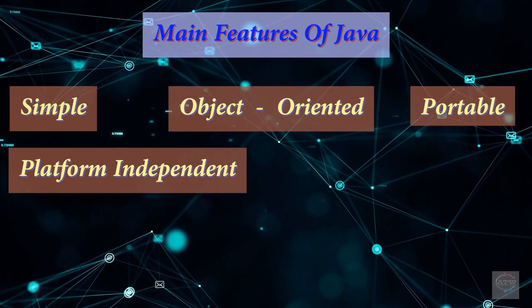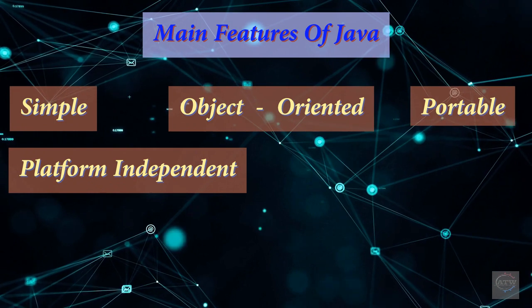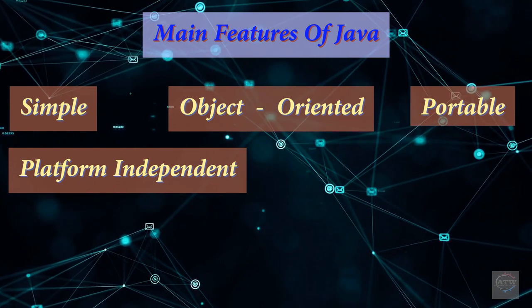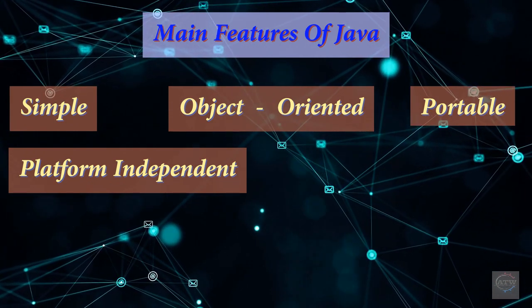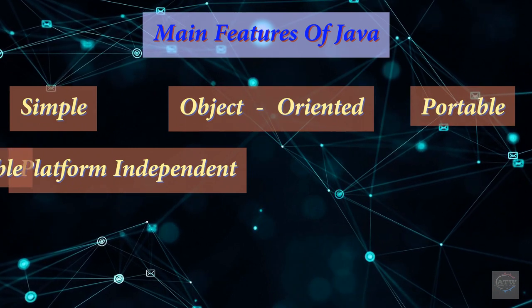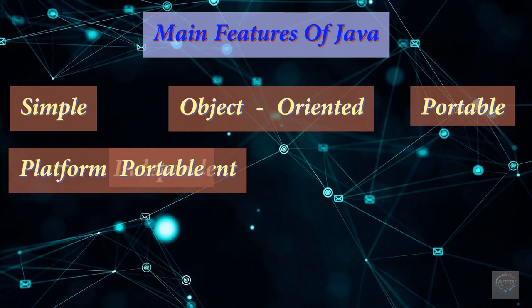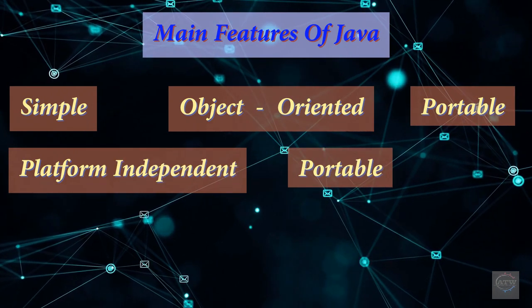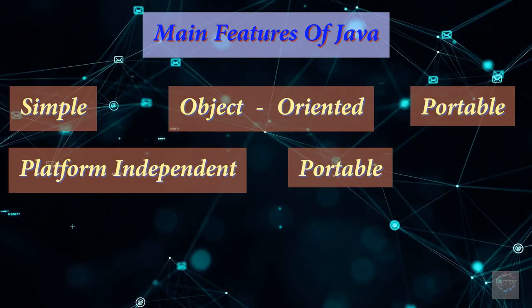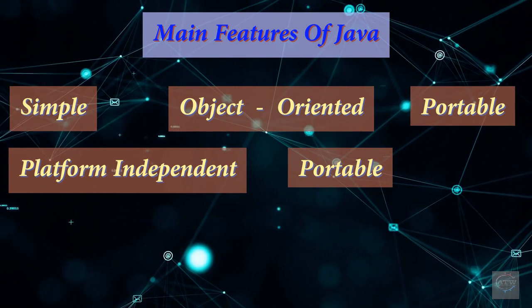And Java is platform independent. How is it platform independent? Let's discuss. When you compile a code, Java creates bytecode. Then that bytecode is interpreted using the Java Virtual Machine.